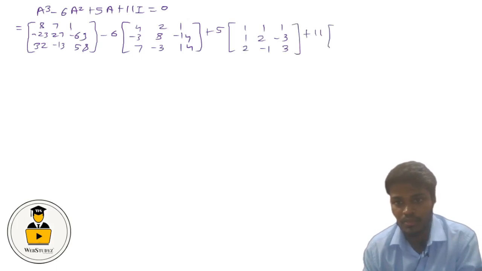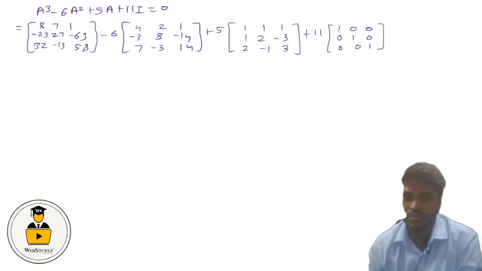Plus 11I, where I is the identity matrix [1, 0, 0; 0, 1, 0; 0, 0, 1]. We need to prove this equal to the null matrix, which means all the elements should be 0.